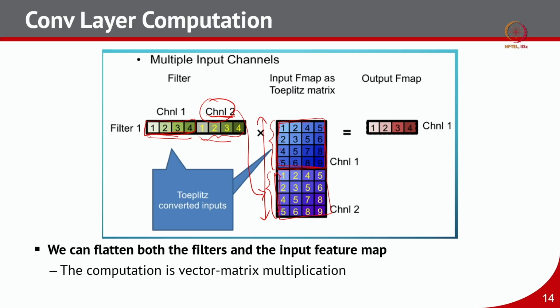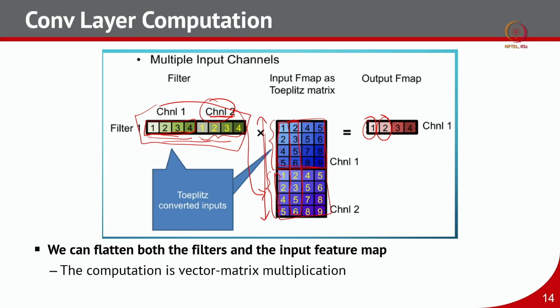And then since it's a vector matrix multiplication, everything will get added up. So we get the first pixel of the output feature map, and similarly again this appended channel will get multiplied with this second column to get the second pixel of the channel 1 in the output feature map.